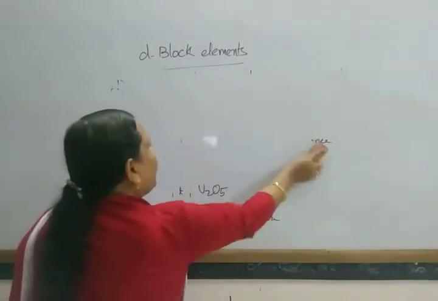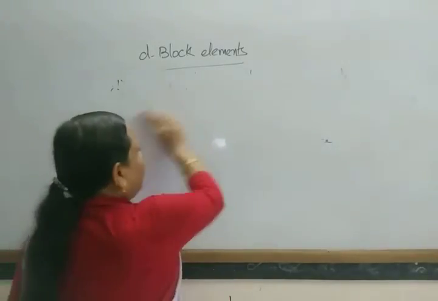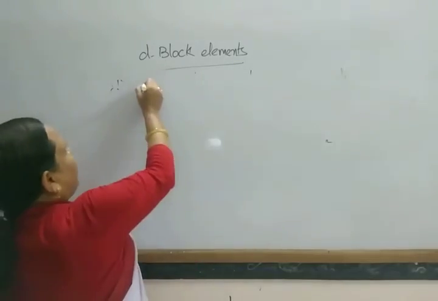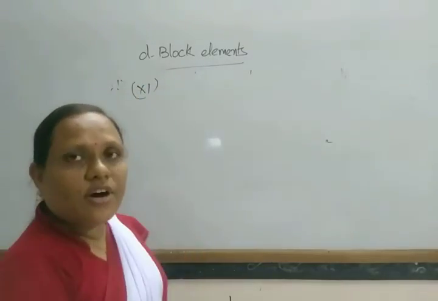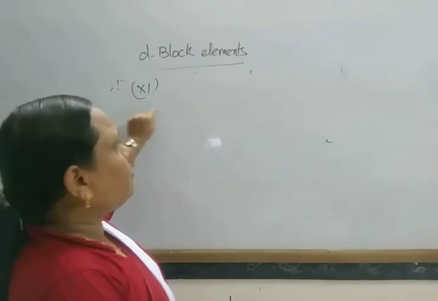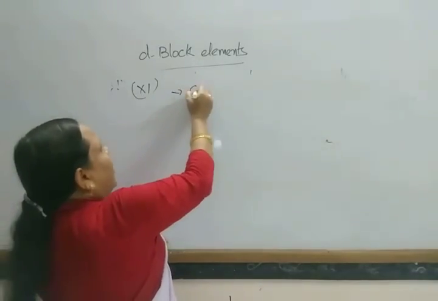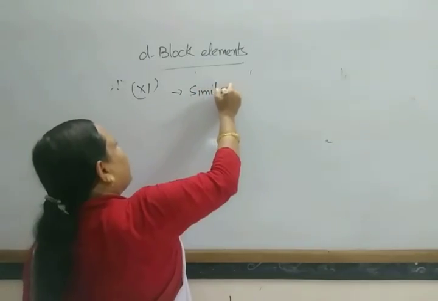Next, they have another property, to form alloys. These transition elements have another property to form alloys. As you know, they have similar atomic size.